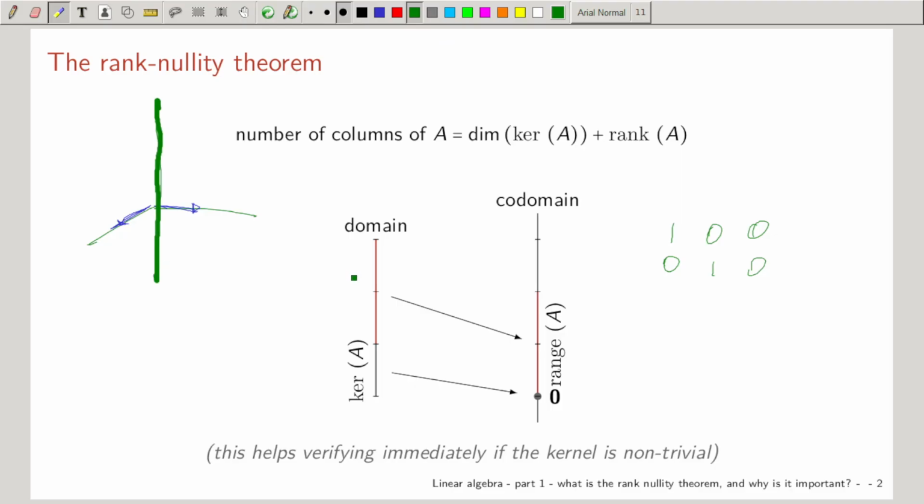Together? Perfect. Then let's make the codomain. If I start from anything along here, where do I end up? Here. True?